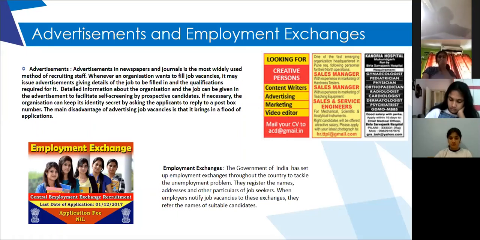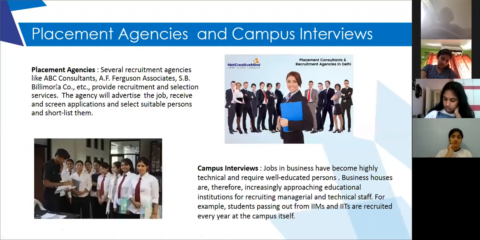So when employers notify job vacancies to the exchanges, they will refer the names and addresses of the candidates needed. This is another way we can recruit people, through employment exchanges. First two easy. Anything to ask here? Clear. Okay.